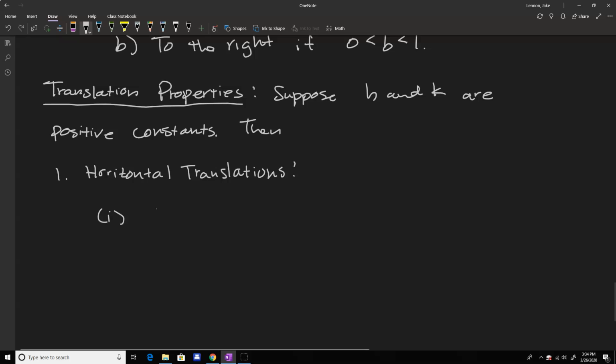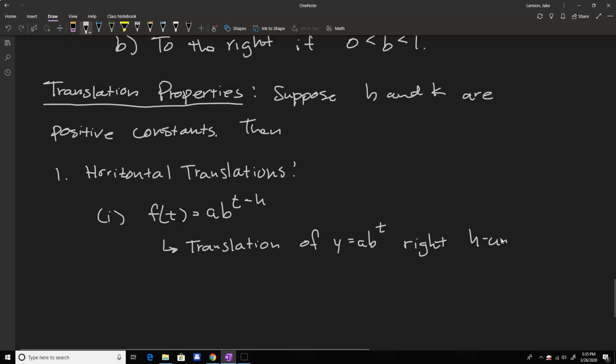One, if we look at f of t equals ab to the t minus h in the exponent, this is a translation of y equals ab to the t right h units.